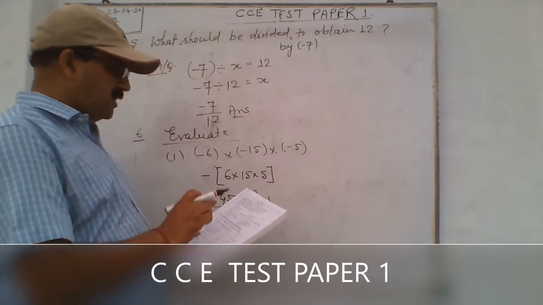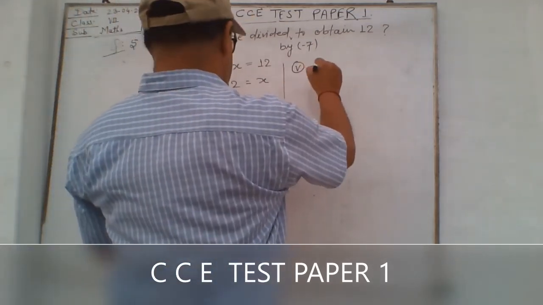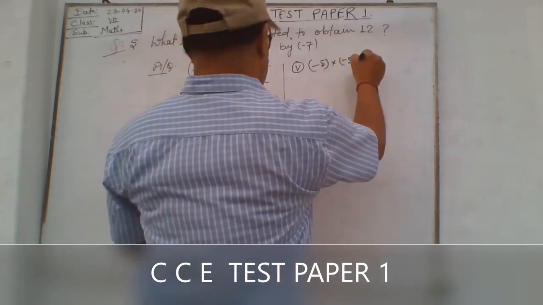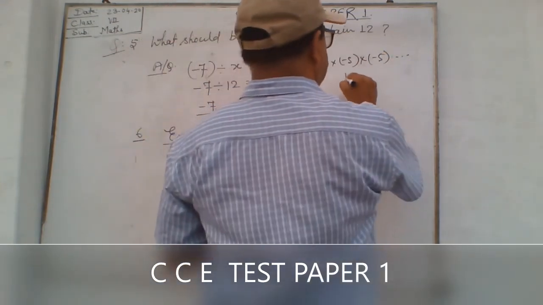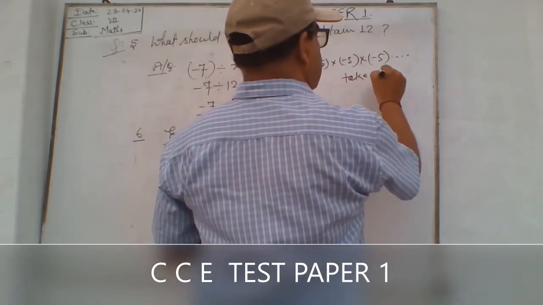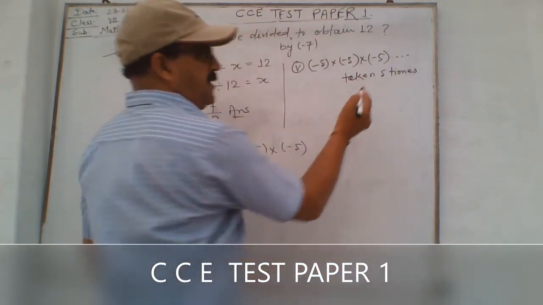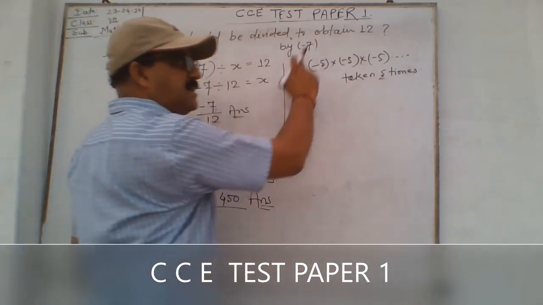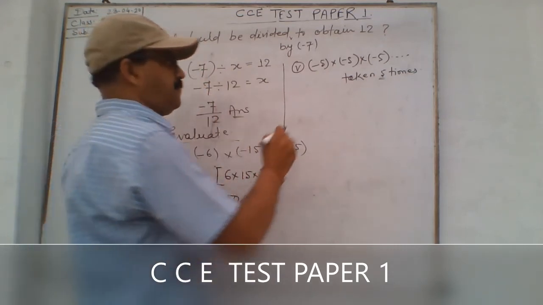The question number 5 has given minus 5 into minus 5 into minus 5 taken 5 times. Yes, 5 is an odd number and it has come odd times. The answer will be negative.